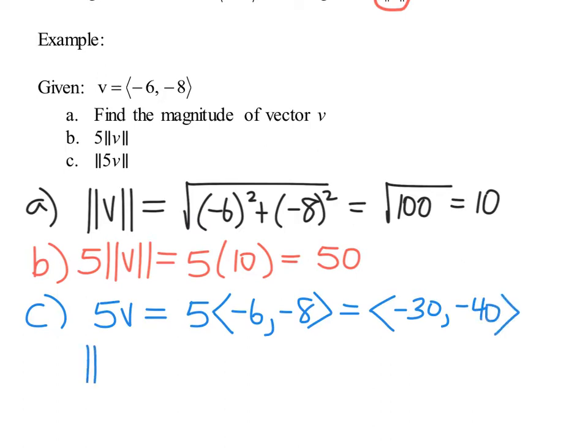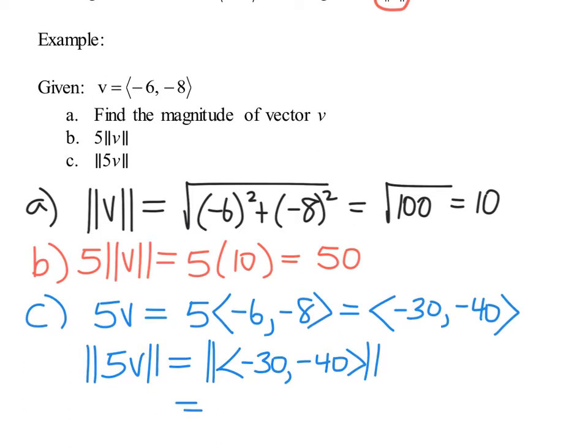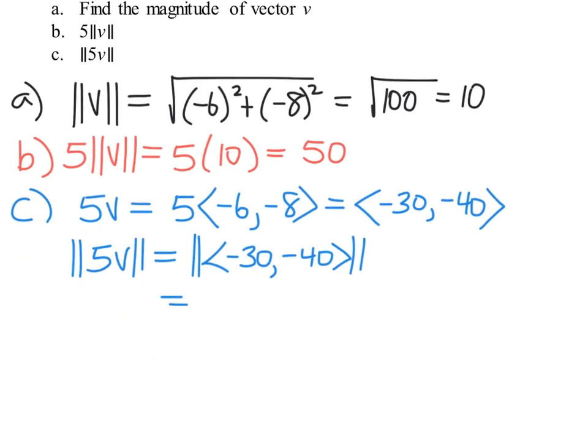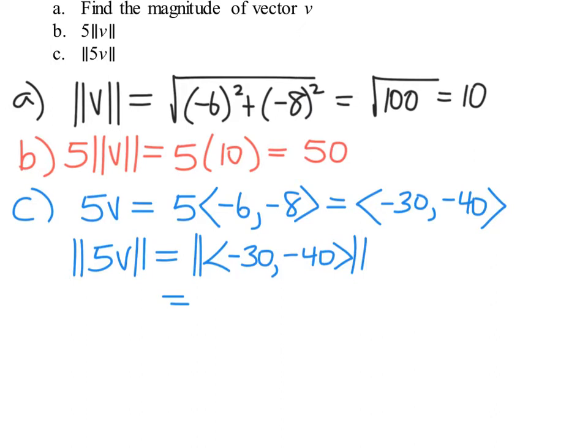If I'm looking for the magnitude of 5v, I'm looking for the magnitude of -30, -40. And it's Pythagorean again. It's really just the Pythagorean theorem.